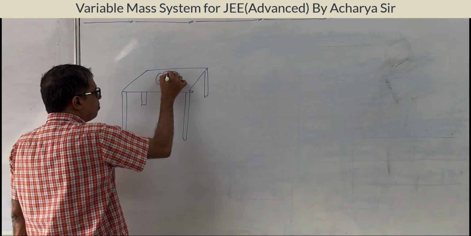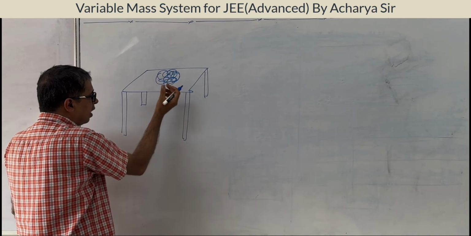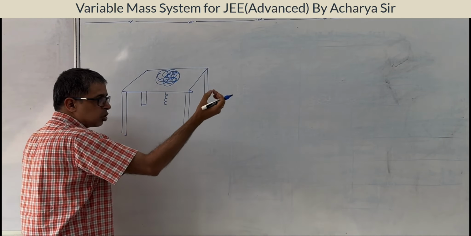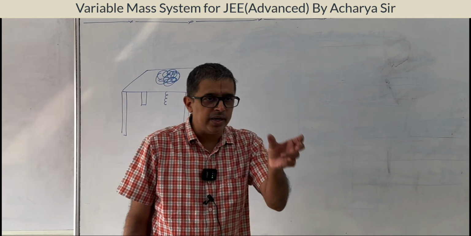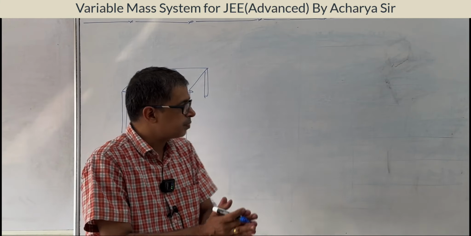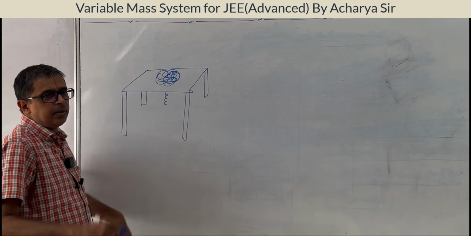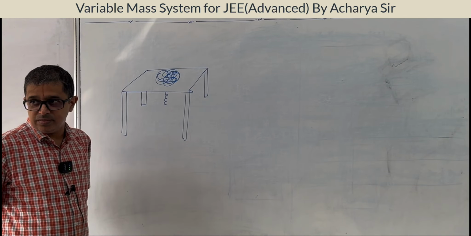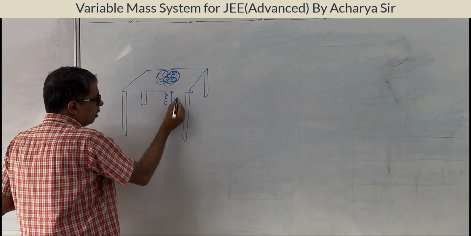There is a heap of a chain kept on the top of the table. From underneath the hole, you slightly pull the chain and release it. There are quite a few intricate concepts in this. Pay attention to this. The chain starts falling.